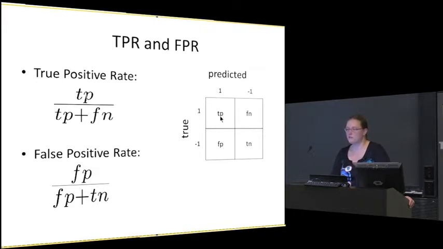So it's the number of true positives divided by the total number of points I have in that class. And then I also have the false positive rate. It's the same just for the false positives. So it's the false positives divided by the whole number of negative samples, or background samples. So I have my true positive rate and my false positive rate. And most of the time, those have a trade-off.